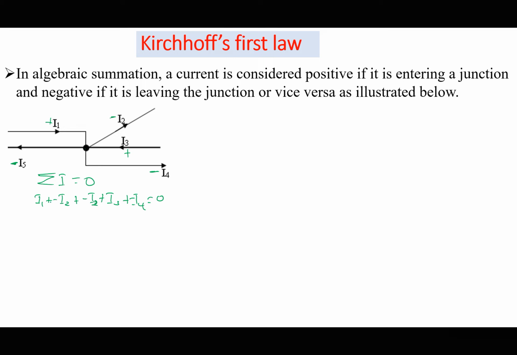So if we simplify this, we just rearrange, leaving those which are positive on one side and taking those which are negative to the other side. You will still remain with the fact that I1 plus I3 is equal to I2 plus I4 plus I5. Note that I1 plus I3 is the sum of currents into the junction, and I2 plus I4 plus I5 is the sum of currents out of the junction.